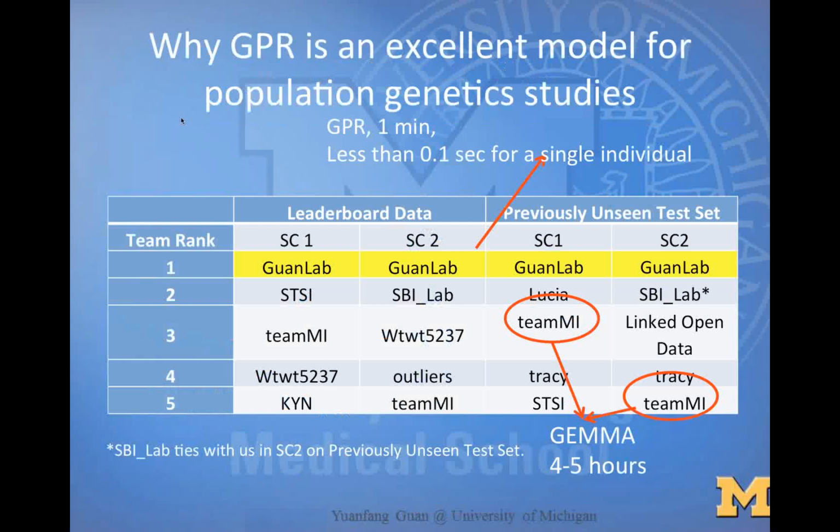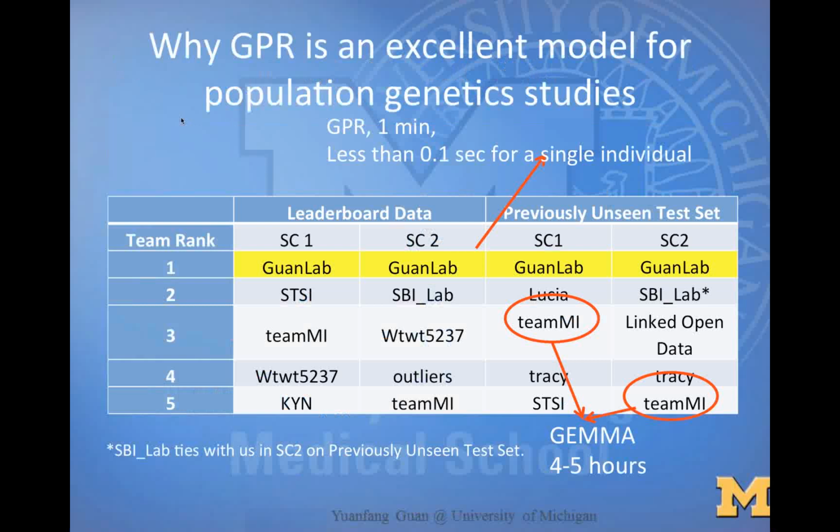GPR is an excellent model in population genetic studies. We developed it in the context of the recent DREAM rheumatoid arthritis challenge. In this table, Team MI used GEMMA, which is perhaps one of the most influential software in population genetics today. GEMMA was originally published as a method paper in Nature Genetics, and then again as application in Nature Methods and Nature Genetics. Twice.